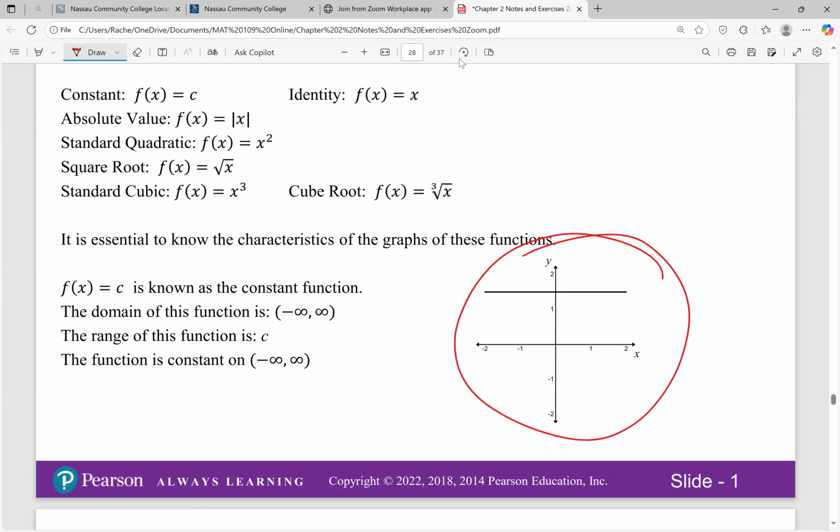So it would look something like this. The domain of the function is all real numbers, negative infinity to positive infinity. And the range of this function is just c because the value of the function can only be c. And the function is constant on the interval negative infinity to positive infinity.